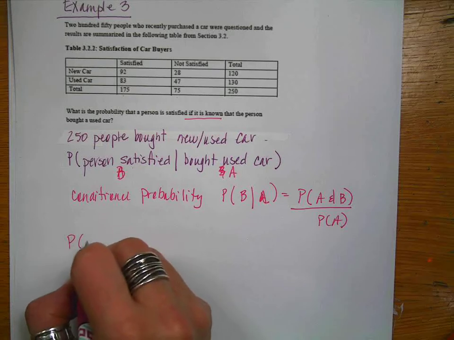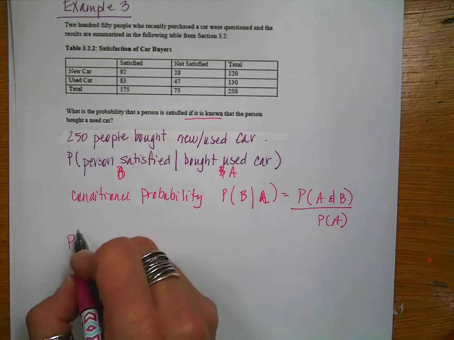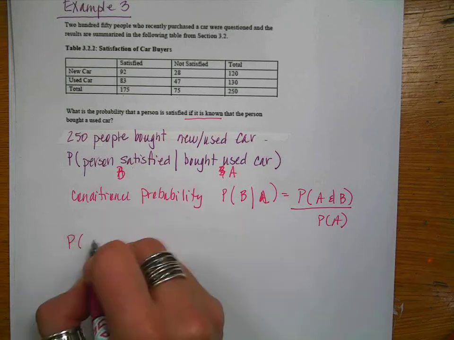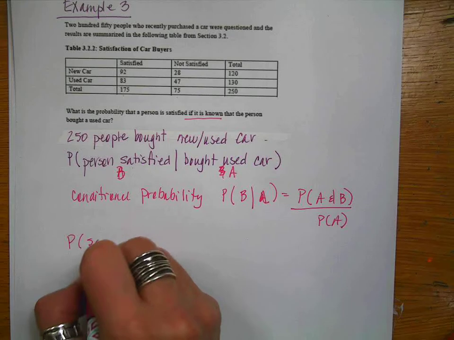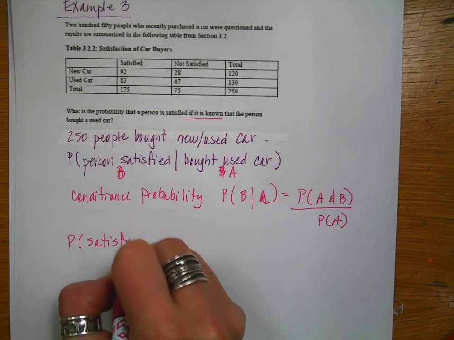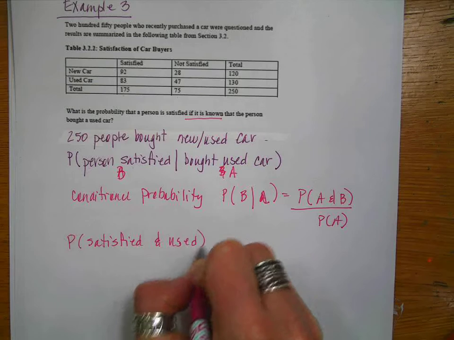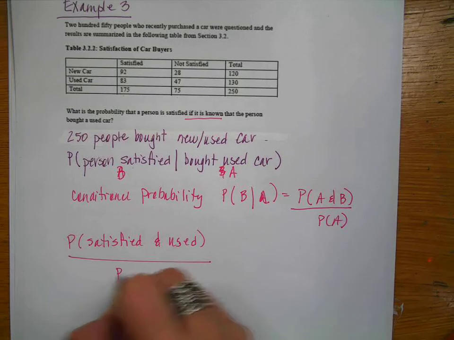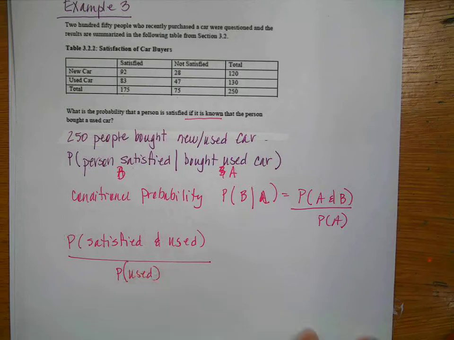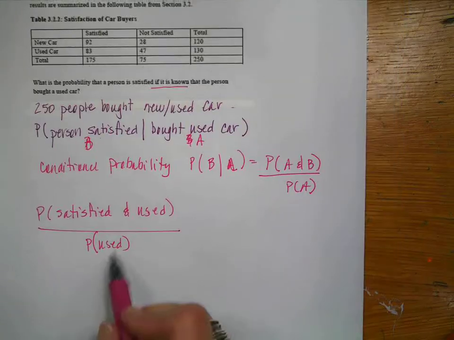So if we make that have words that fit, this is going to be the probability that I have satisfied and used, divided by the probability of used. Okay?